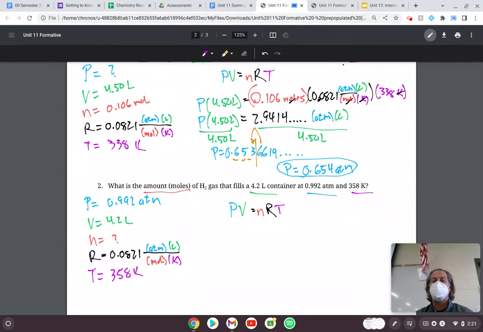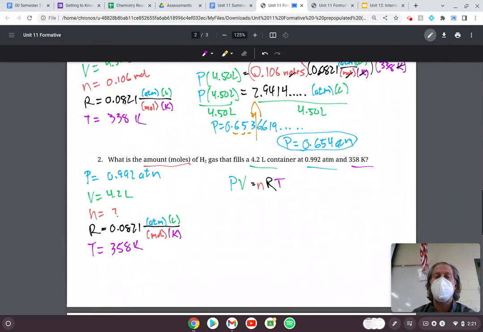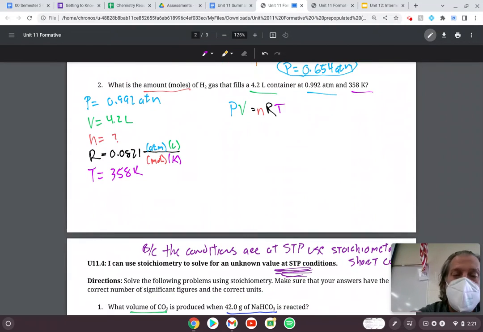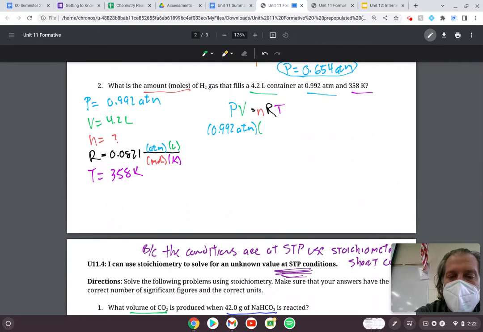So once again, we're going to simply plug things into our formula. In this problem, I do know the pressure this time. So I have 0.992 ATM, a volume of 4.2 liters, and the number of moles is what I'm solving for here.